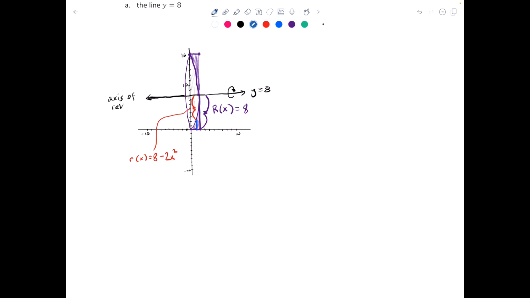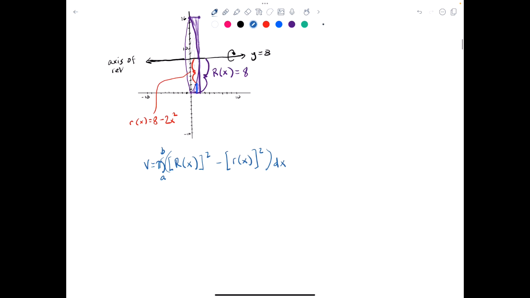So our volume will be the integral from a to b of, and we have our pi, don't forget, the outer radius squared minus the inner radius squared with respect to x.